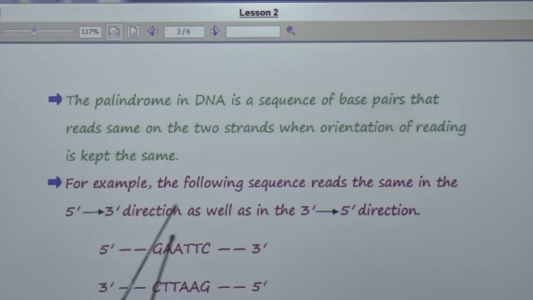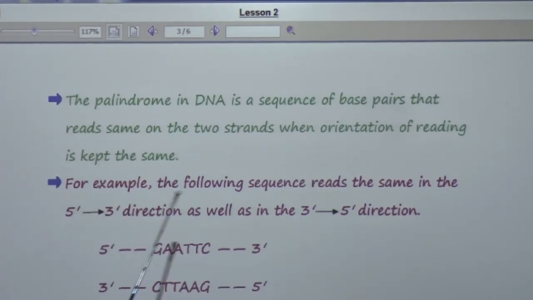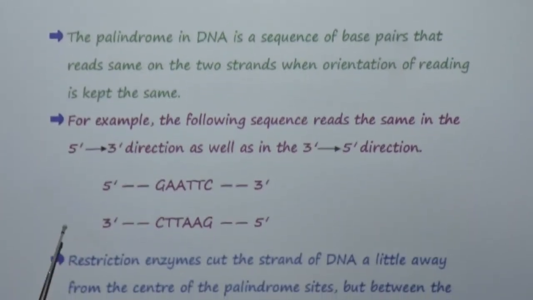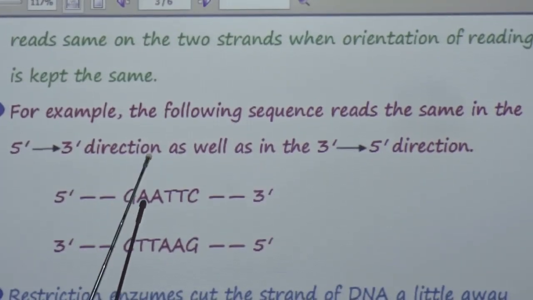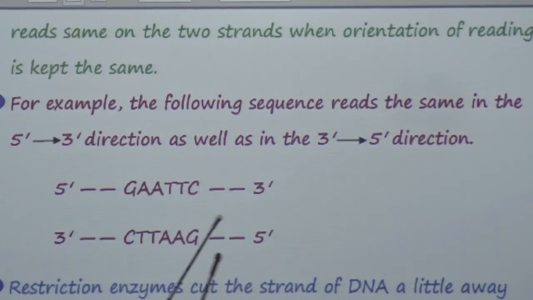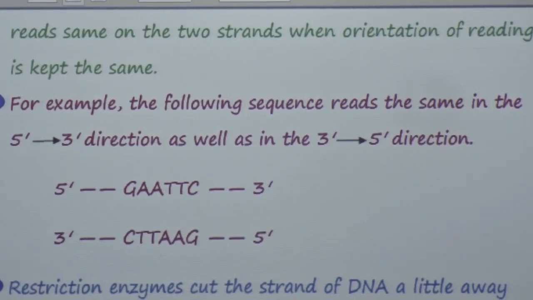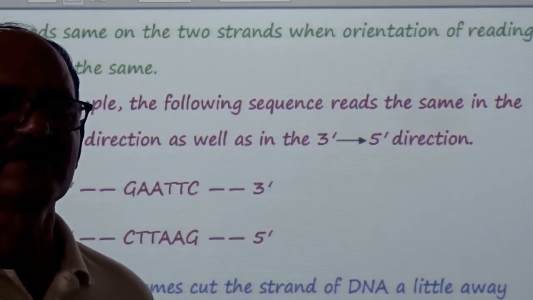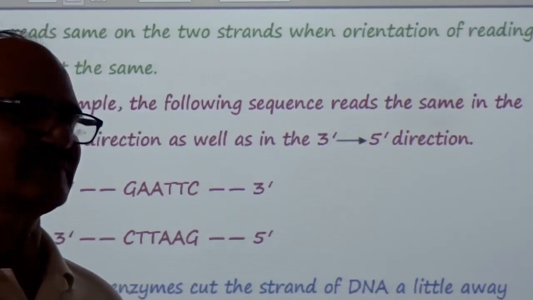For example, if we read in the 5' to 3' direction as well as the 3' to 5' direction, just see in this nucleotide sequence, GAATTC in the 5' to 3' direction, and again GAATTC in the other direction. So in both directions they have the same sequence. A simple example is the word MADAM, and vice versa, MADAM.